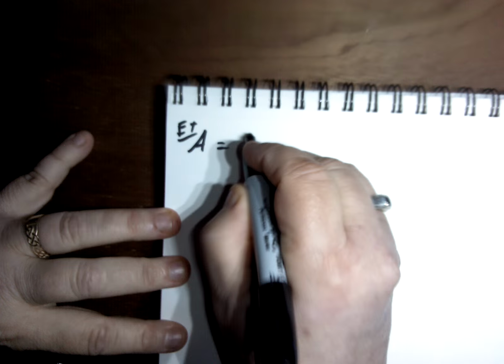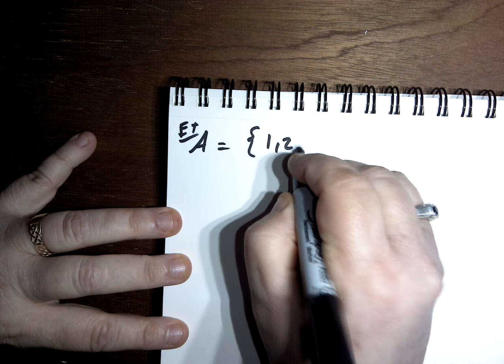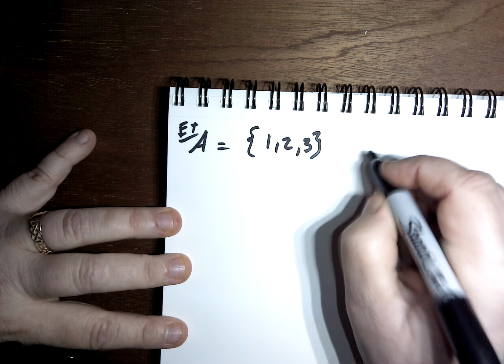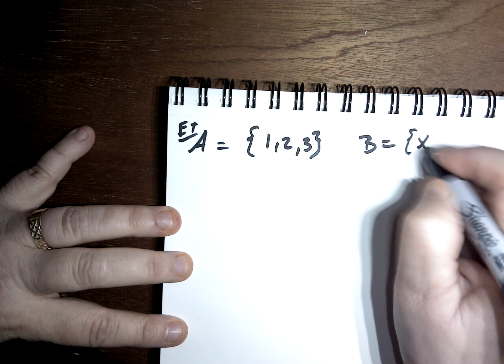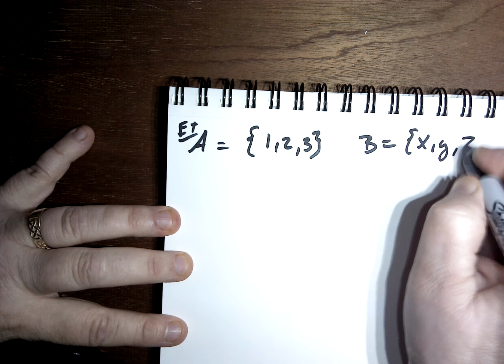But I don't want to go crazy. Let A equal {1, 2, 3}, because I have no imagination, and B equal {x, y, z}. Kind of want them to be different so I can show the cross product better. If I have A cross B, that means I have ordered pairs with A's in the front and B's in the second.